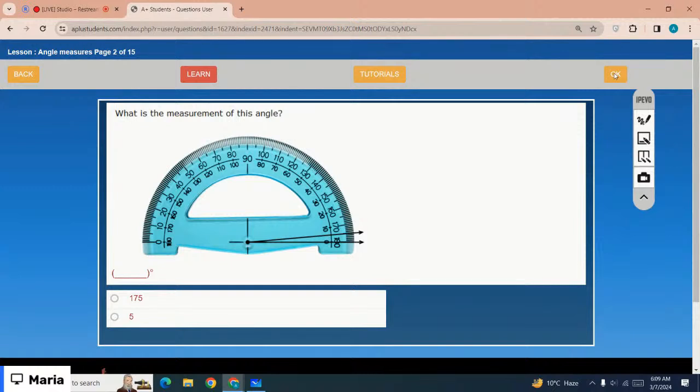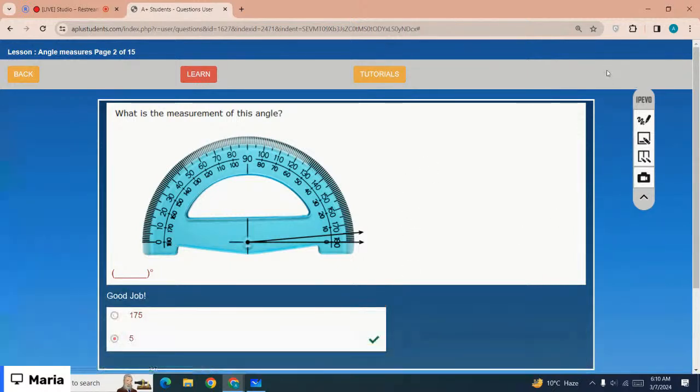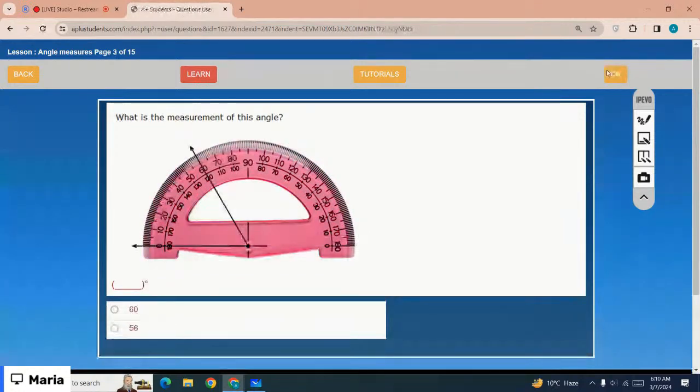Yes, that is 5 degrees. The correct option is 5. What is the measurement of this angle?